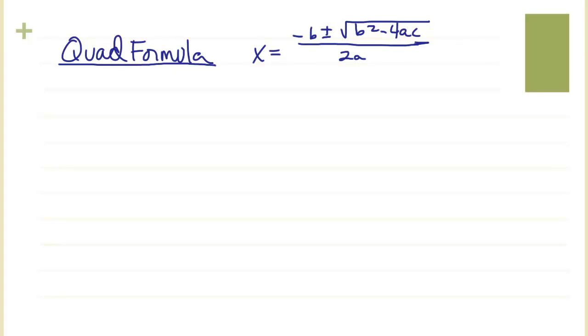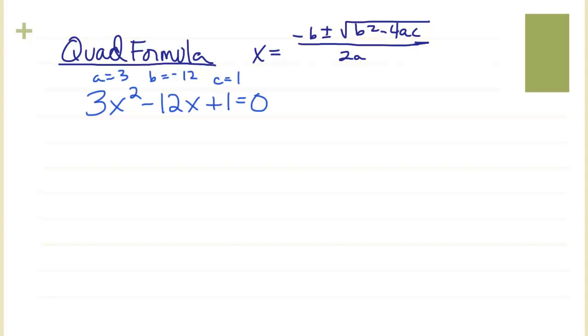All right, so all we have to do is take any quadratic equation like this one, and we've been talking about a, b, and c forever, and so a is 3, b is negative 12, c is 1, and plug those into the quadratic formula.